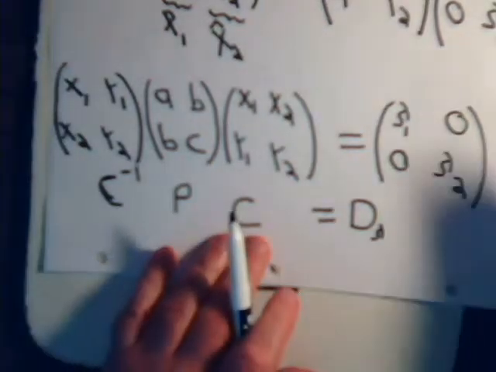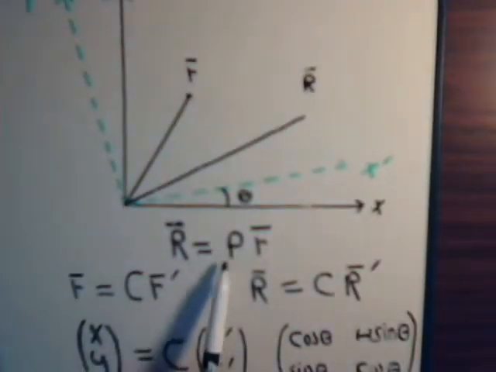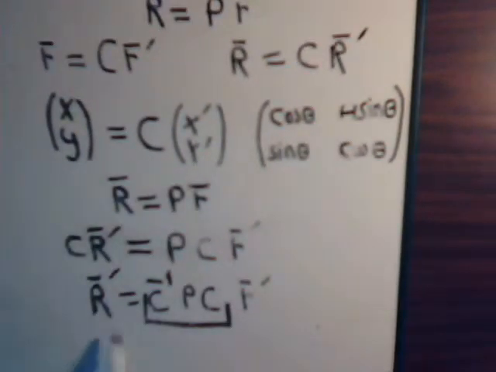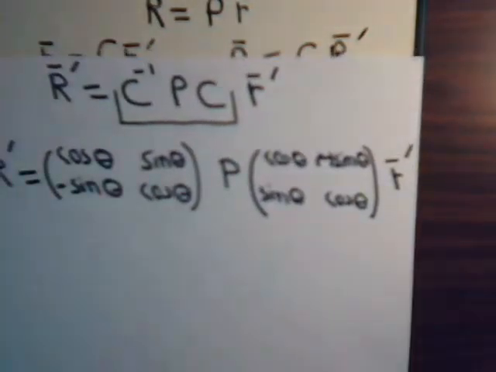So what we have here is that if this matrix is symmetrical and we use its two orthogonal eigenvectors to form the x prime y prime axis, then this equation right here, which we had written out in a much longer complicated form, if I can find it, we had it written out like this.